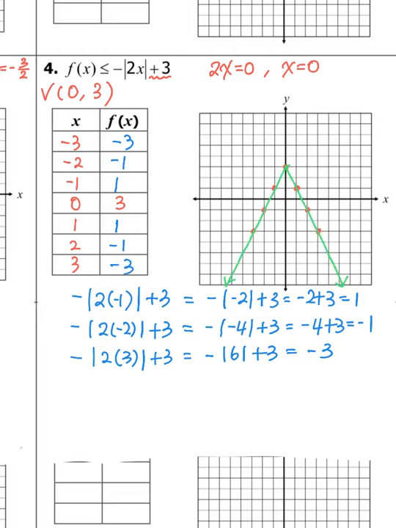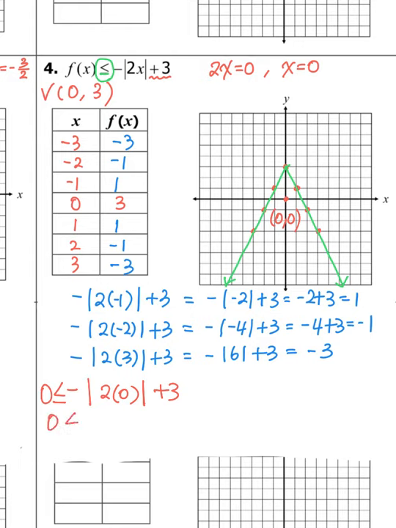All right. This graph, I have a solid line because right here, the inequality includes that equal bar. All right. Which area should we shade? Above or below the line? Let's try (0, 0) again. So negative absolute value of 2 times 0, plus 3 has to be less than or equal to 0.